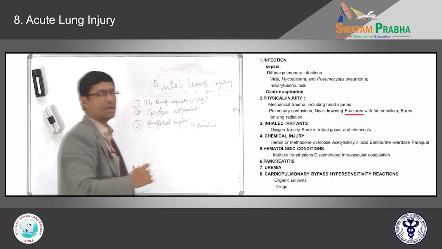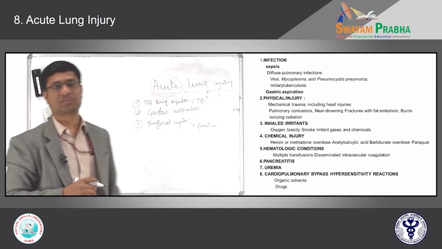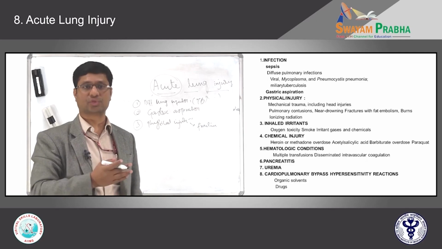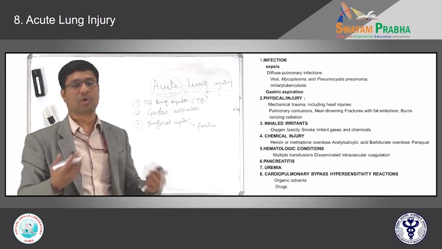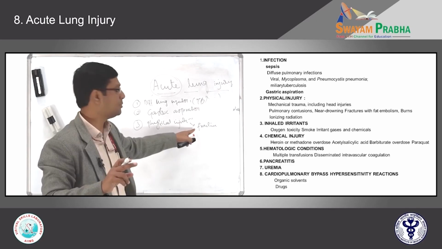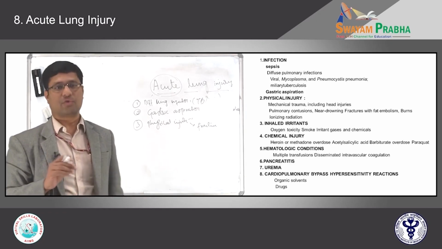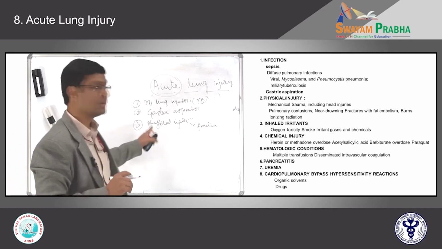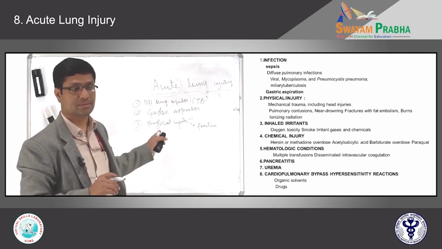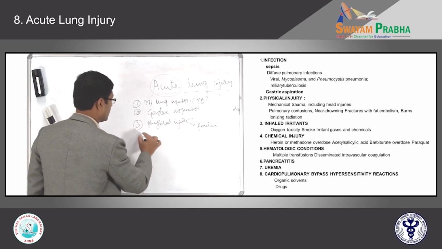You might have seen any road traffic accident. If the patient has multiple fractures, they will be taken to the hospital. Immediately, patient will die because of respiratory distress. Why? Mainly because of fat embolism. So, any severe form of embolic episodes can lead to ARDS.